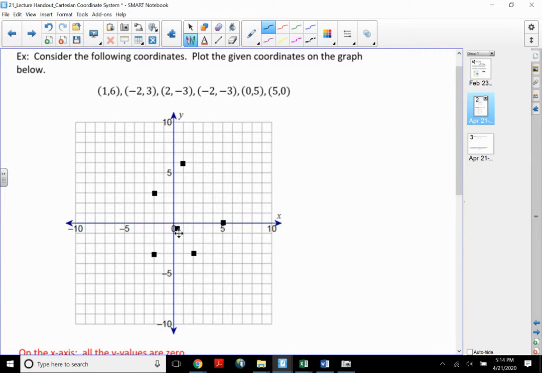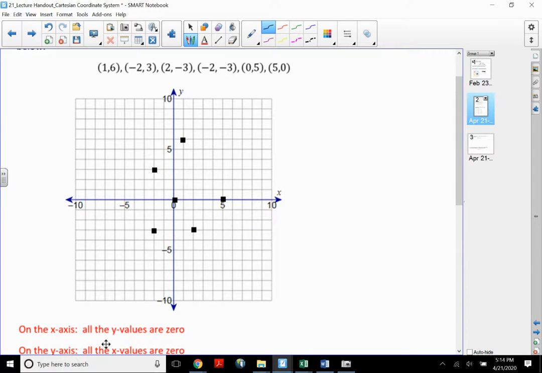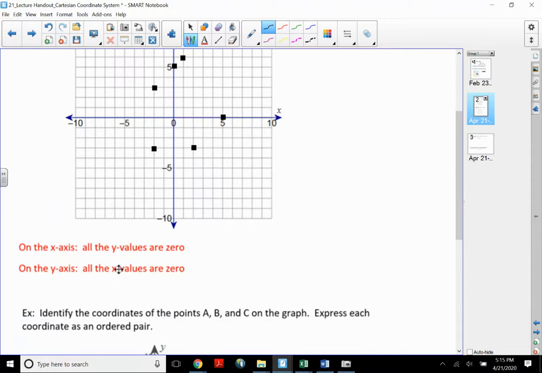Starting at the origin with x values of 0, if the y value is 1, that's 0, 1, 0, 2, 0, 3, 0, 4, 0, 5. Same thing going downward: 0, -1, 0, -2, 0, -3. So on the entire y-axis, all the x values are 0. Keep these two concepts in mind. We will need them for another topic.